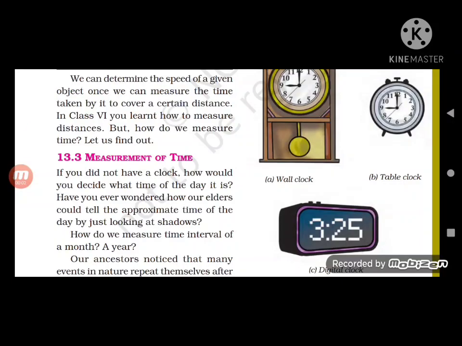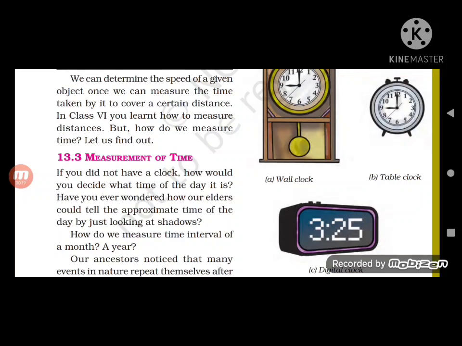Okay, good morning everyone. So this is article 13.3, measurement of time. As you have seen in the video how to measure time and how we measured time in ancient times.